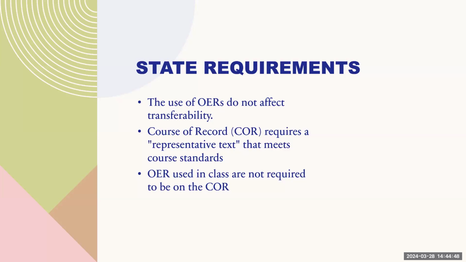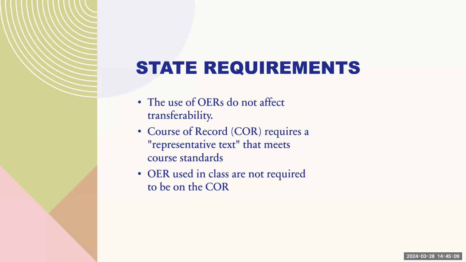There is maybe a guideline in terms of how old a document is. Usually they try to have adoptions that are not any older than 5 years in terms of transferability, but the nature of an OER itself is not an issue. And then the course of record, the COR, requires that there is a representative text that meets the course standards.